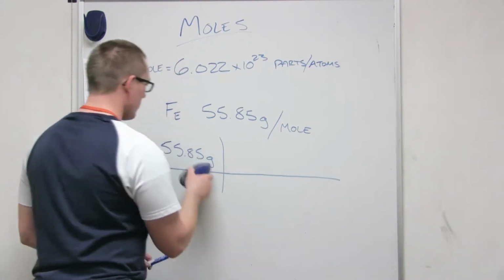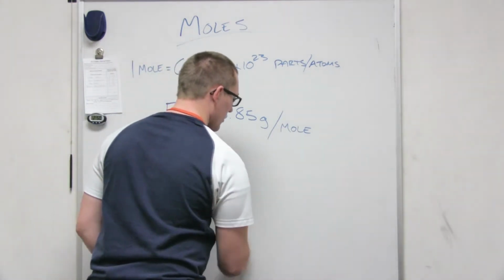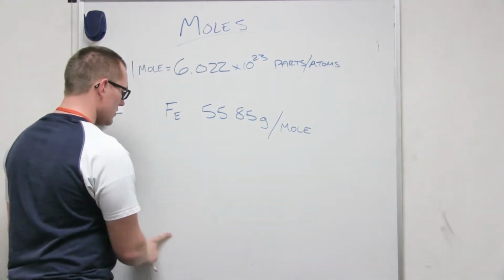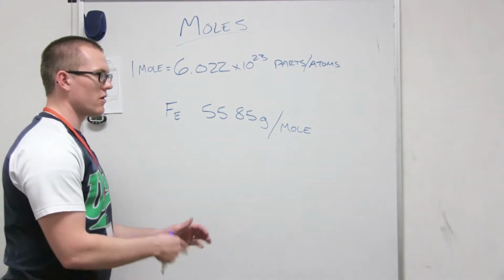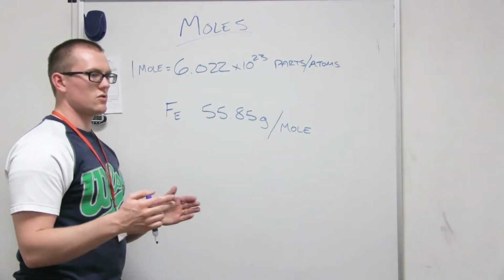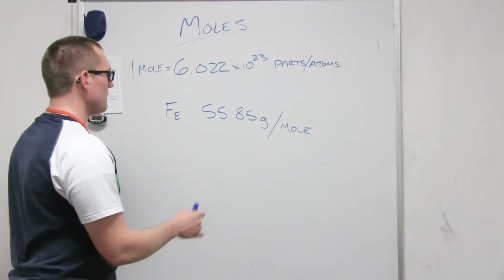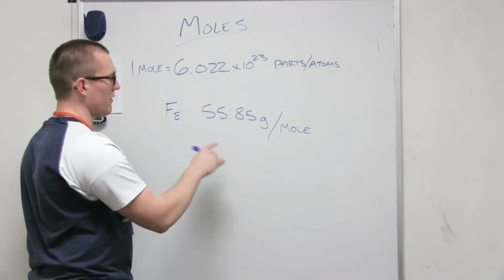We'll end up using Avogadro's number for that, so we'll use a different number. Basically, a more common question that you'll see in the future is going from grams to however many atoms there are in that substance. So this is the molecular weight that we have for iron.